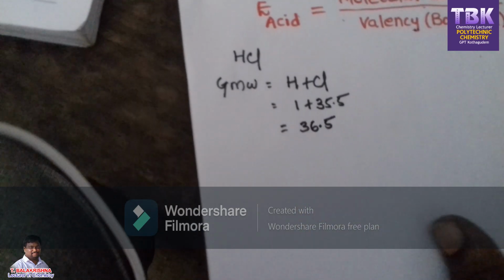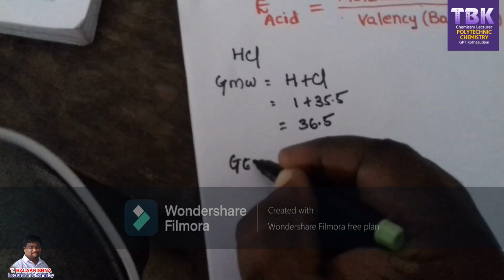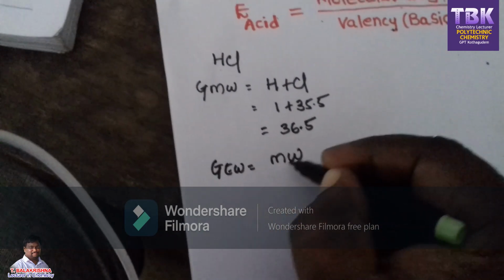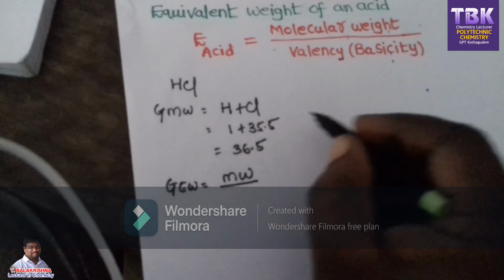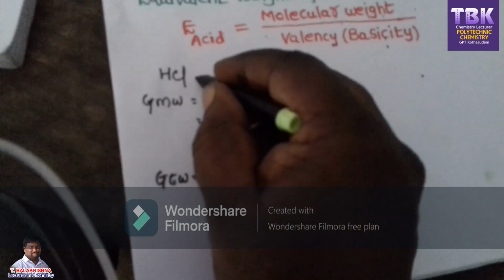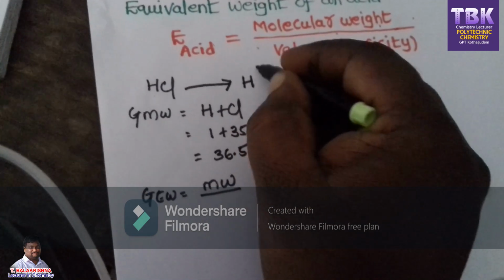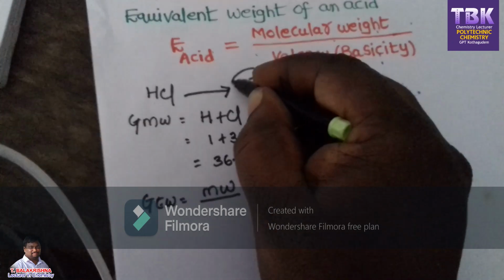If you want to calculate the gram equivalent weight of an acid, it is the molecular weight by valency or basicity. Basicity means how many replaceable ions. How to identify the replaceable ion? Here hydrochloric acid is split into H plus ion and Cl minus ion. So the replaceable hydrogens are 1.